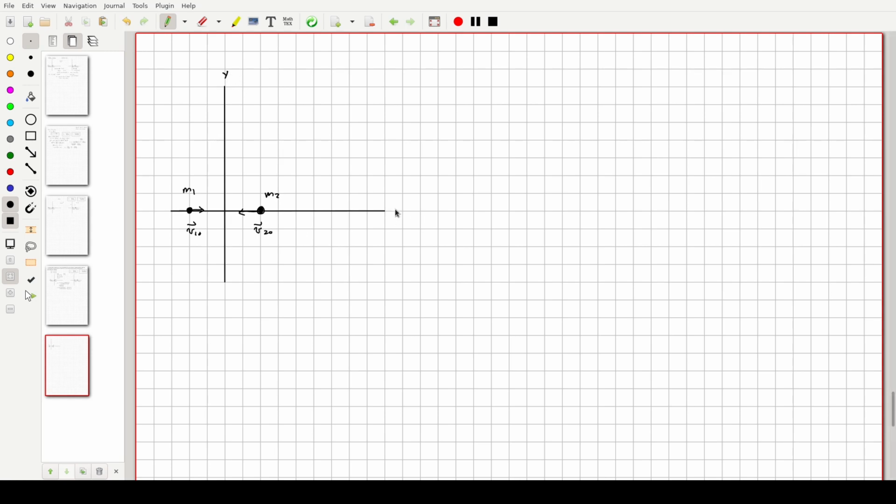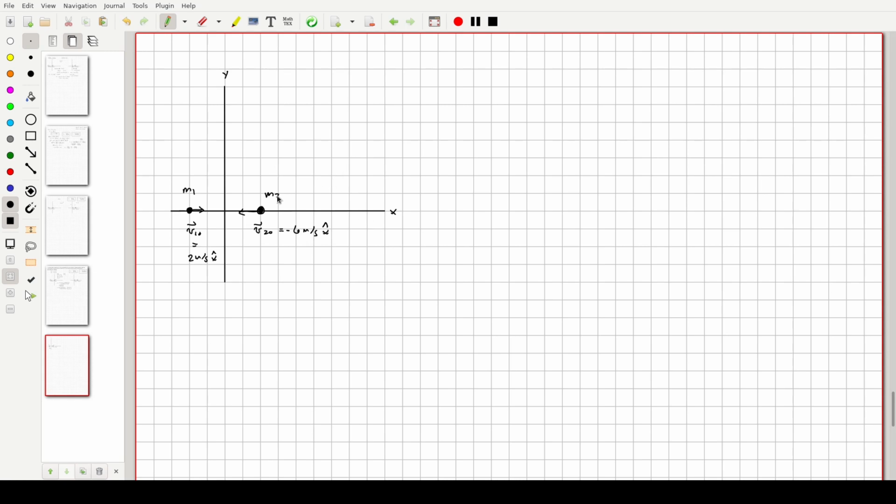I'll tell you what, let's just go ahead and put numbers in here so it's a little bit less abstract. V1 naught, I don't know, 2 meters per second x hat. V2 naught, I don't know, 6 meters per second x hat negative.